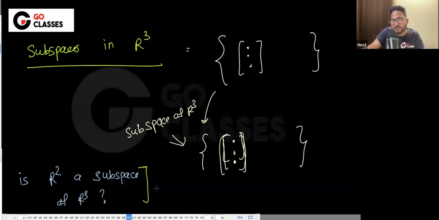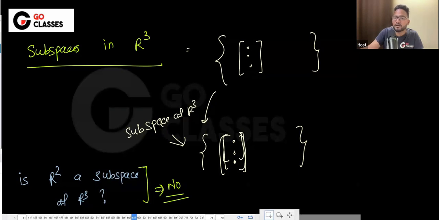This is a common misconception. Beginners who just study vector spaces think that R2 is a subspace of R3. No, actually, to be a subspace of R3, it should have at least three dimensions. R2 is just a two-dimensional space, so how can R2 be a subspace of R3? So the answer is no, R2 is not a subspace of R3. It can never be.